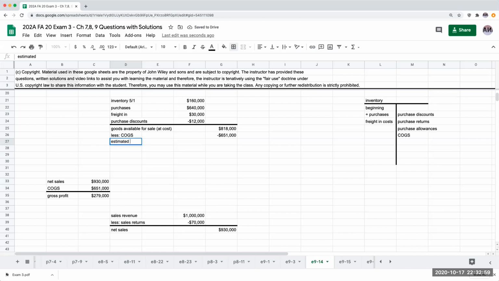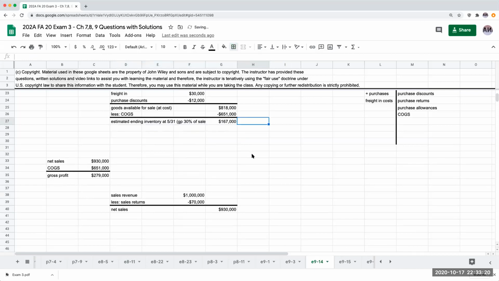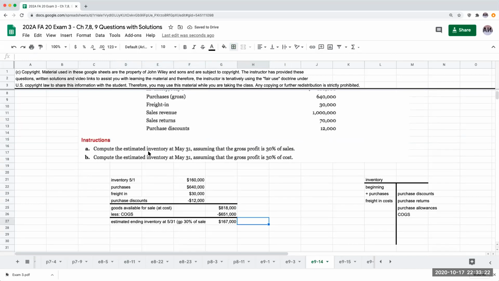My estimated ending inventory, where gross profit is 30% of sales, is going to be $167,000. Okay, so that is part A, where we're assuming that gross profit is 30% of sales.